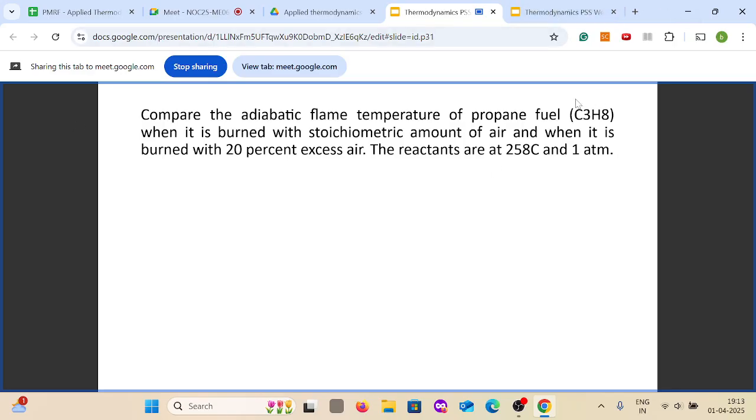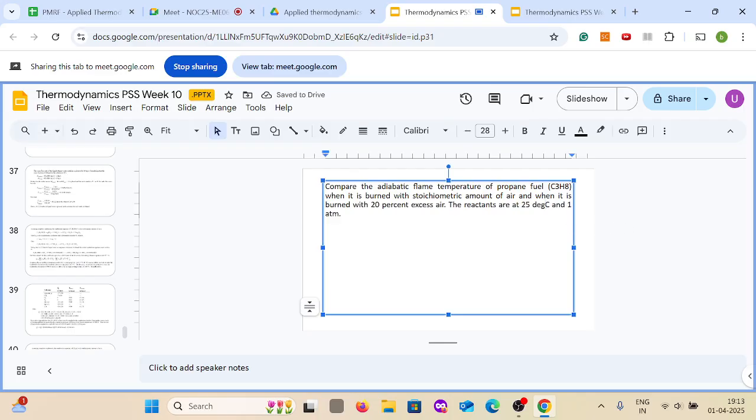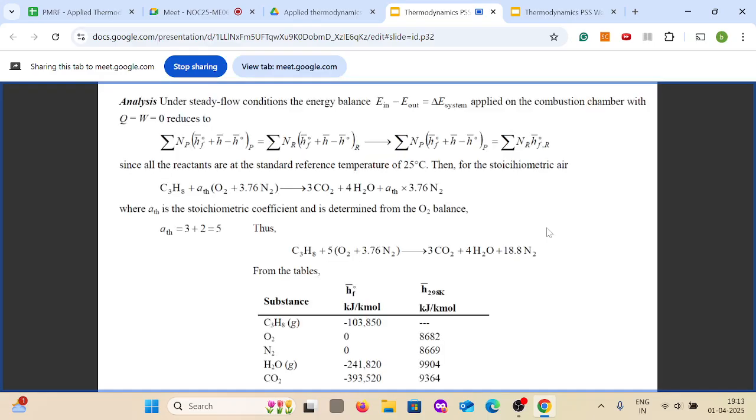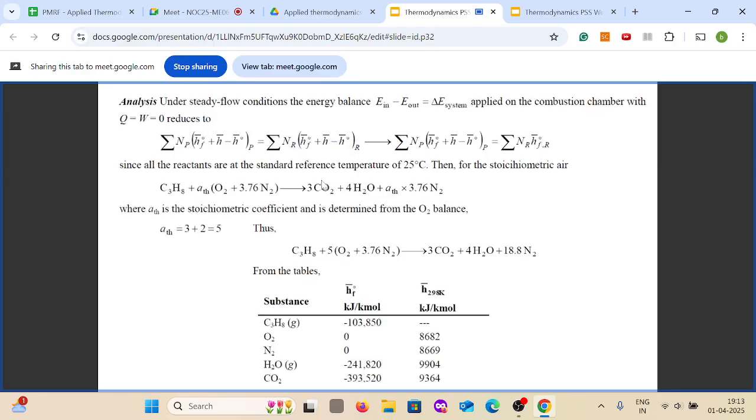So there are two cases, stoichiometric air and 20% excess air, and we see how the adiabatic flame temperature varies.